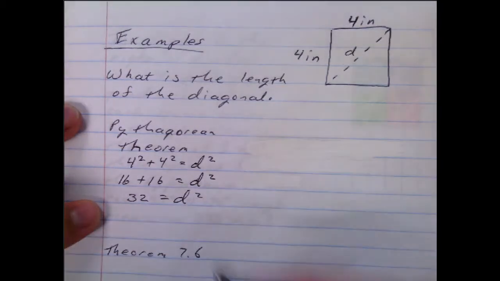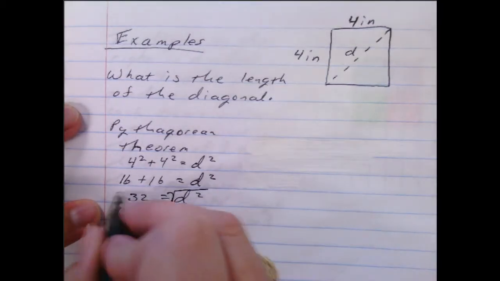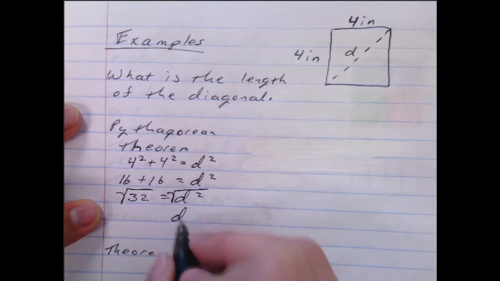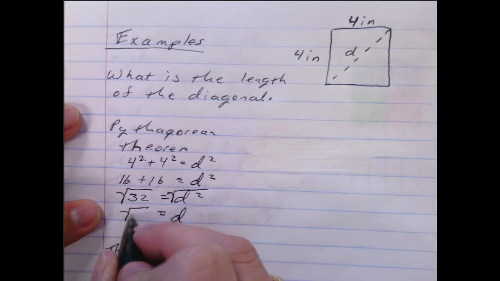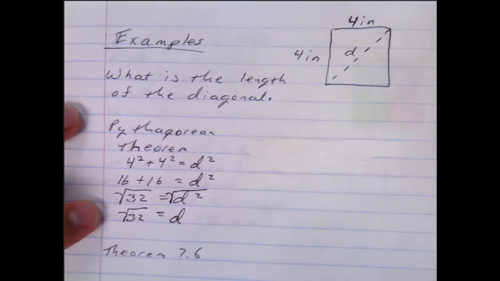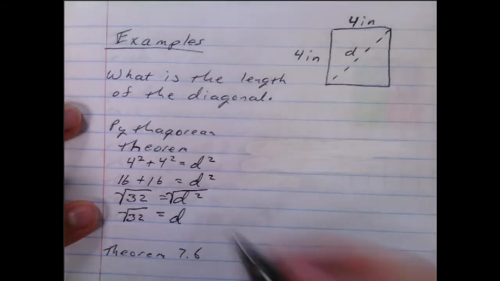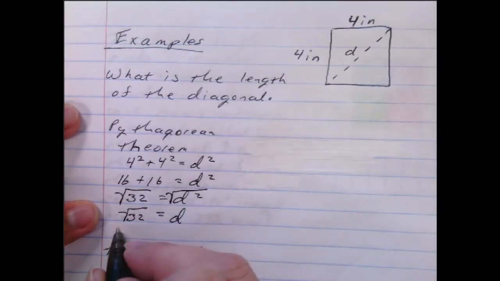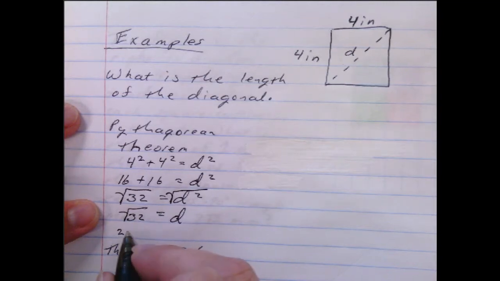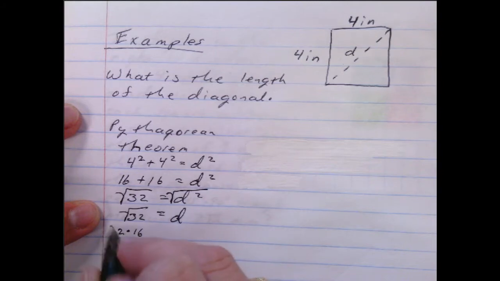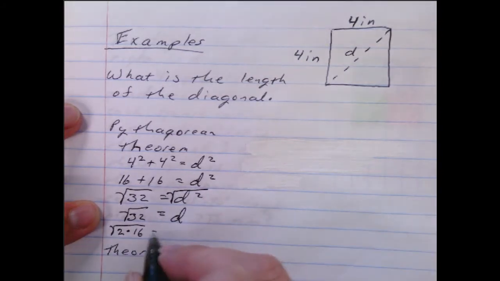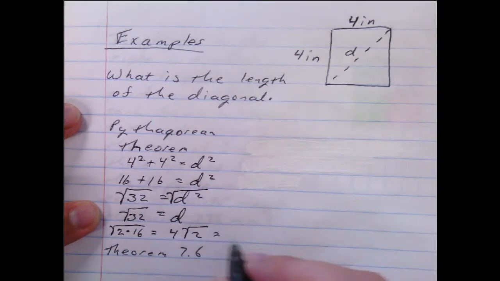And then we would take the square root of both sides. So we end up with d equals the square root of 32. Okay, and for the square root of 32, that's the same thing as the square root of 2 times 16, which would be 4 square root of 2.